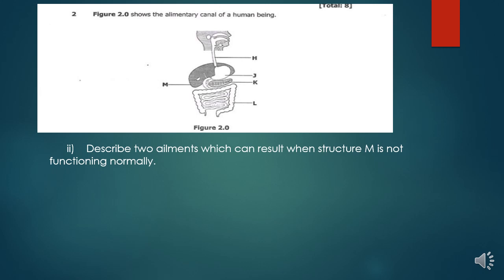So let us first understand the term ailments. In simple terms, ailments are a form of sicknesses or illness. So in this case, they are trying to say, describe any 2 illnesses that can result when structure M is not functioning properly.